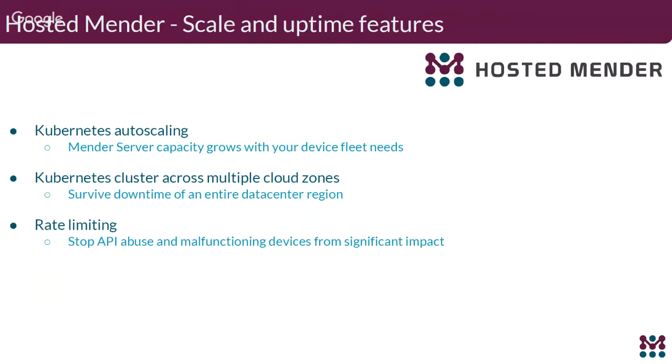We do cluster across multiple cloud zones to ensure the most robustness that's possible in case of downtime of an entire data center region. And we do have some rate limiting that will handle any API abuse or malfunctioning devices to make sure that they don't significantly impact the ability of other users to access the system.